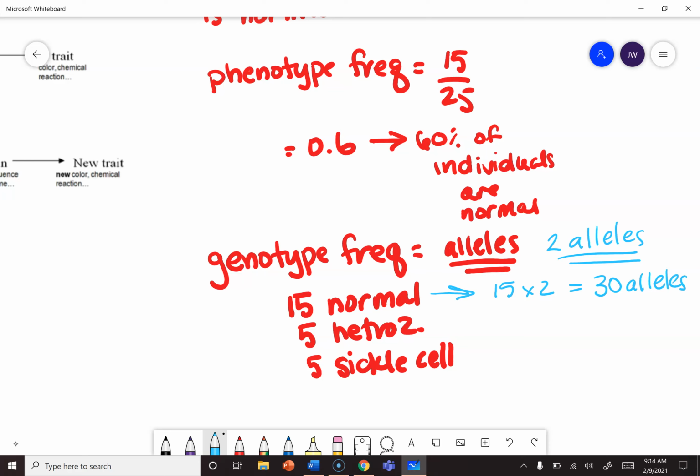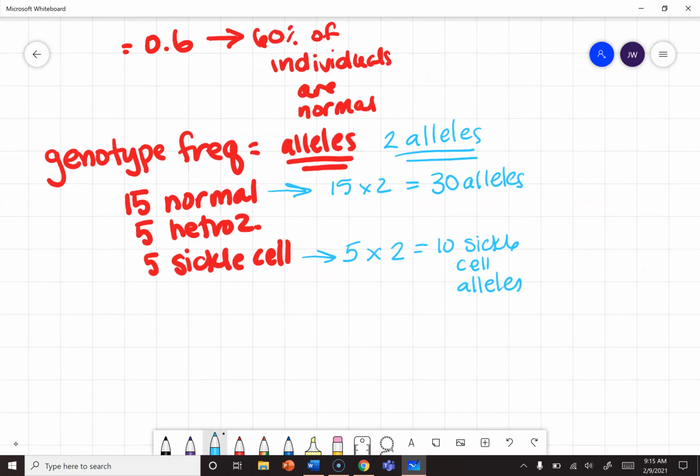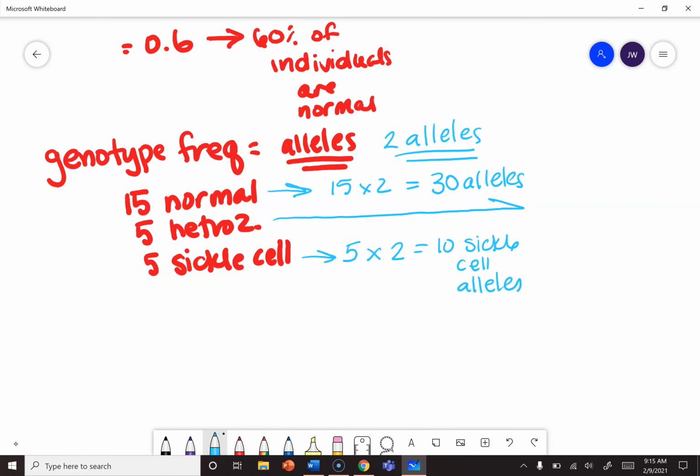Individuals who are sickle cell have 2 copies of the mutant allele, so 5 individuals with sickle cell times 2 alleles each means we have 10 sickle cell alleles. Stay with me here. Individuals who are heterozygous have 1 copy of each type, so those individuals have 5 normal alleles altogether and 5 sickle cell alleles altogether.